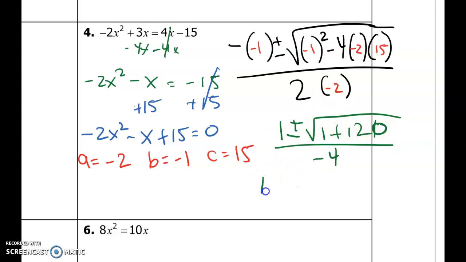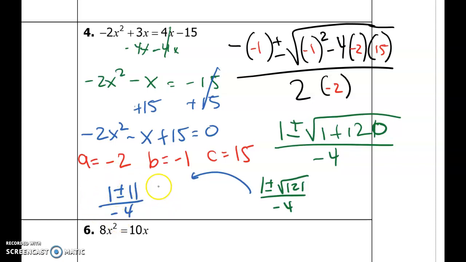So simplifying this further, I get 1 plus or minus the square root of 121 over negative 4. So I know that the square root of 121 is 11, so I would have 1 plus or minus 11 over negative 4. So to actually simplify this further, I take 1 plus 11 is 12 over 4, and 1 minus 11 is negative 10 over 4.